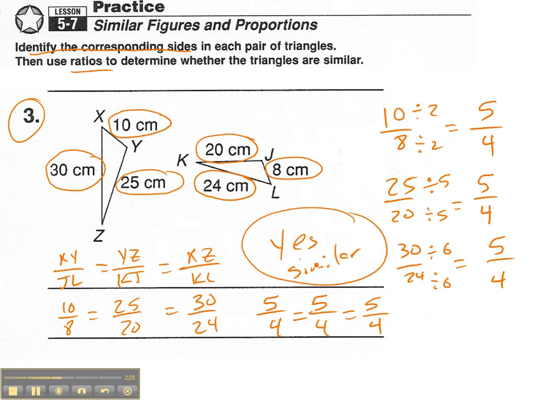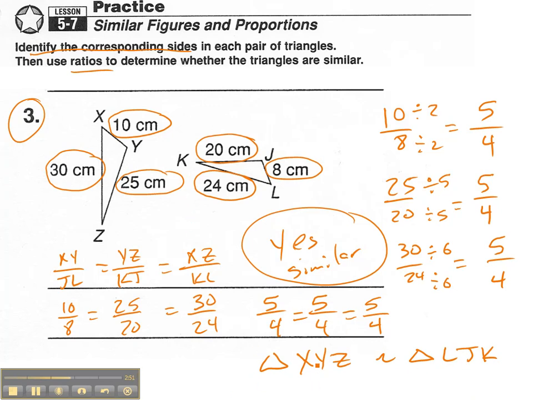The similarity statement for these triangles would be triangle XYZ is similar to triangle LJK. And it's not XYZ to JKL like you would expect, because you have to consider the placement of the letters.